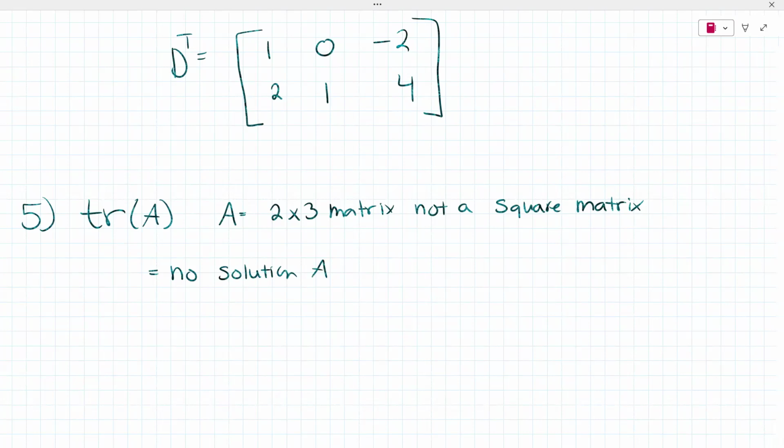A is not a square matrix. No main diagonals. So, okay, you can't take the trace of matrix A because it's not a square matrix.